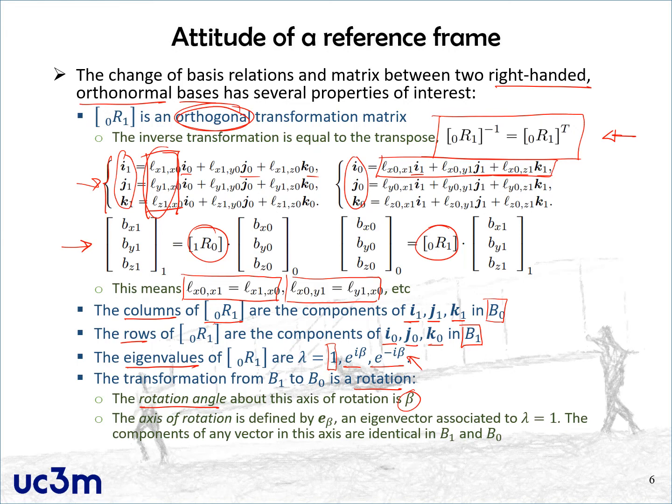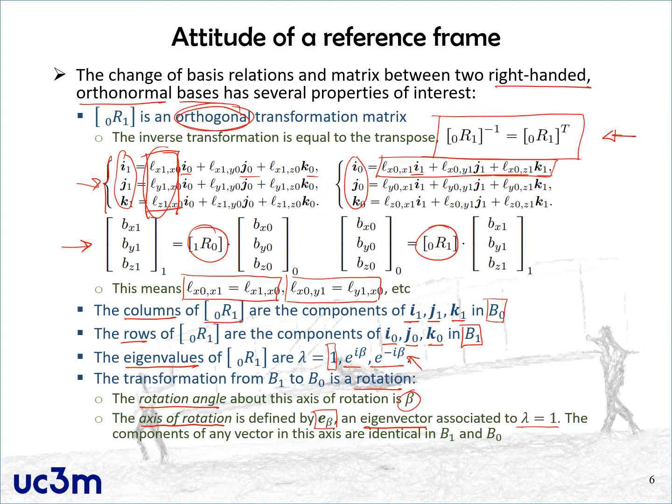And moreover, as any rotation, there is an axis of rotation, and this is defined by a vector, okay? And this vector happens to be the eigenvector associated to the eigenvalue 1, right?